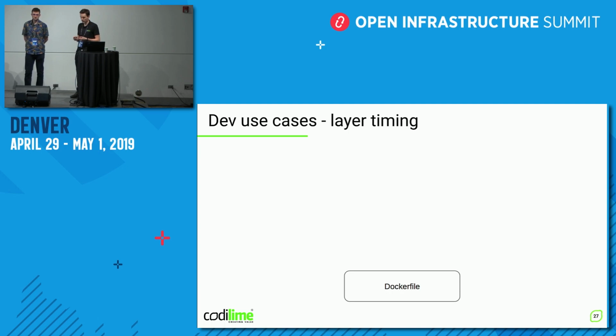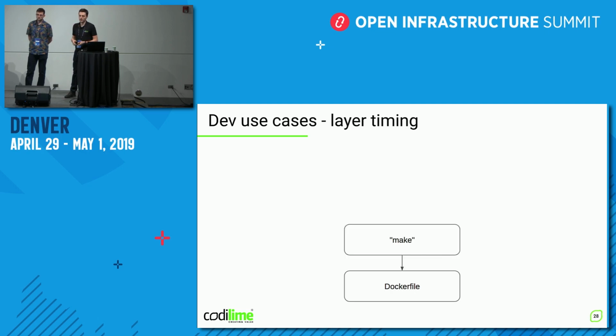And so the usual case that I saw in many projects is that ultimately we are using some kind of a Dockerfile at the bottom, but then we have some kind of a wrapper. I called it make, but it's maybe any other build tool or even a shell script.